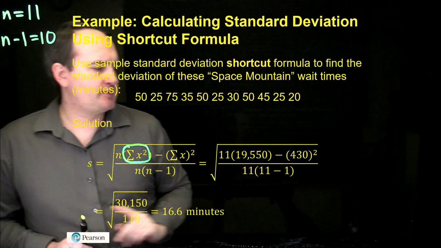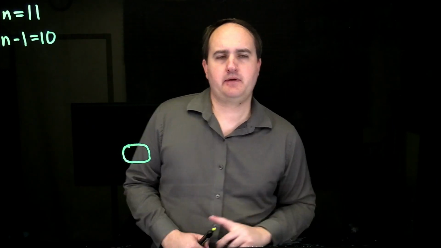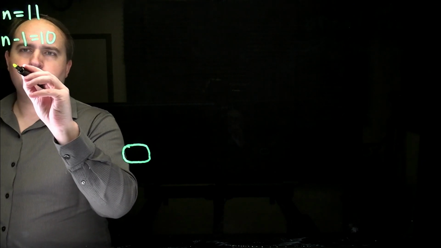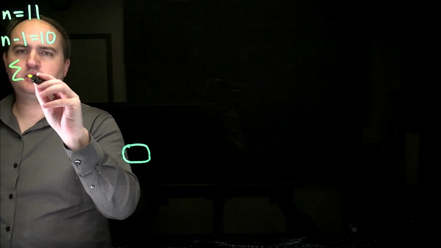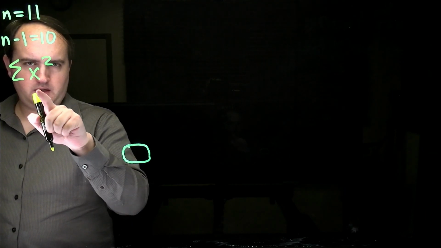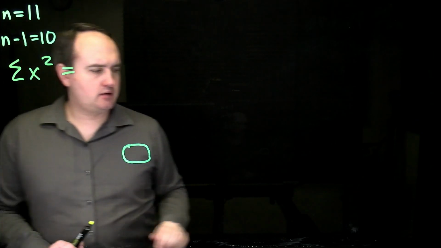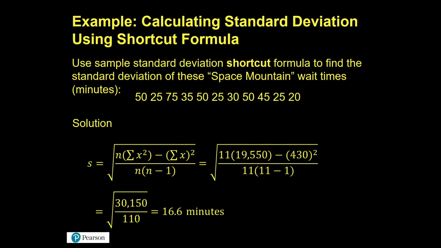up. Okay, so let me switch to just my camera for a second. So here, so I have room. Sum of x squared is what we're focusing on right now. It means we square each data value and add them all up. So here, our data values are 50, 25, 75, and so forth. So the first one's going to be 50 squared.